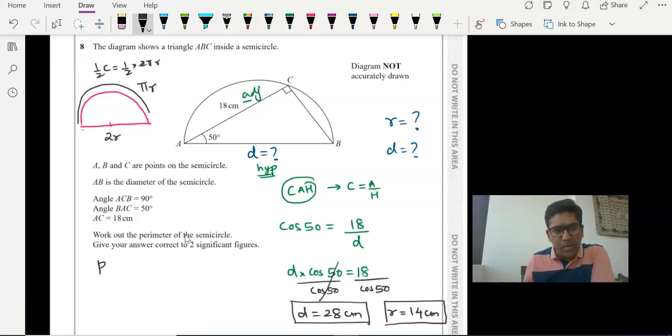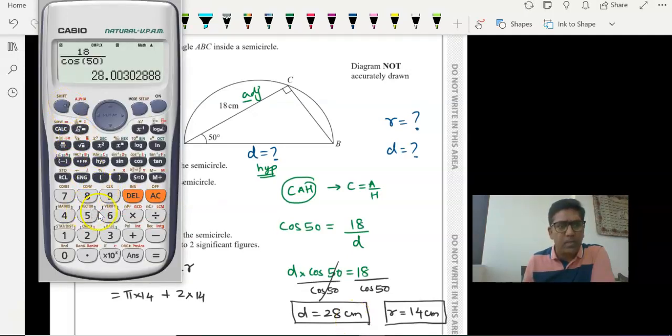So perimeter of semicircle is pi r, which is half of the circumference, plus the diameter, which is 2r. So pi times 14 plus 2 times 14. Put this in the calculator, you get pi times 14 plus 2 times 14. That gives you 71.98.